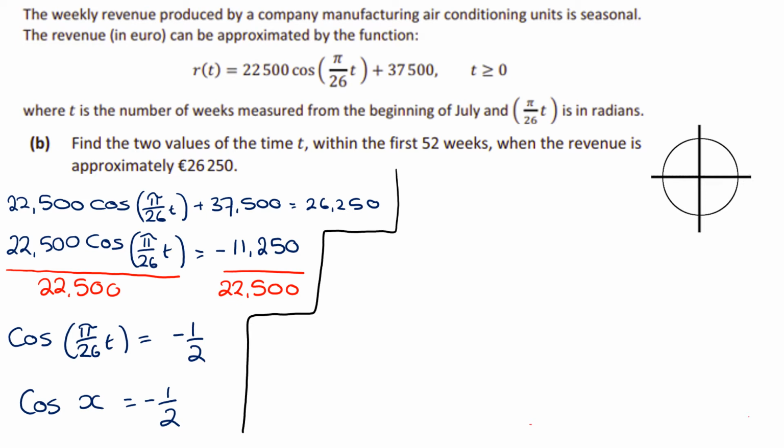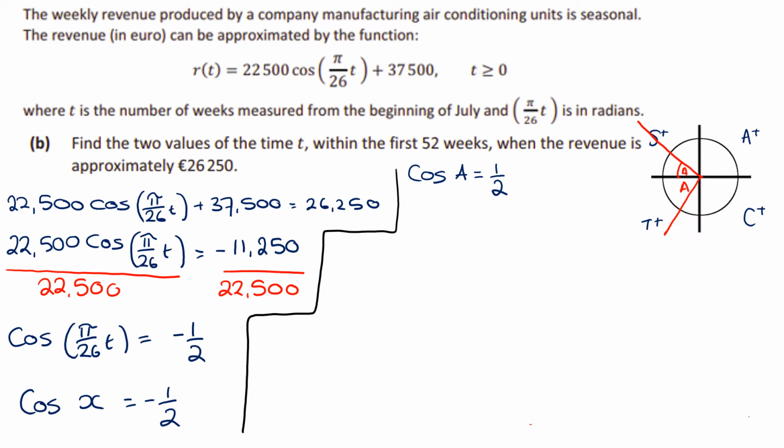I have 4 quadrants. In the first, all are positive, then sine is positive, and tan is positive, and cos is positive. We're working where cos is negative, which is quadrant 2 and quadrant 3. And we want that little reference angle. So A is the reference angle, and that will always be acute, and that means the answer will always be positive for cos.